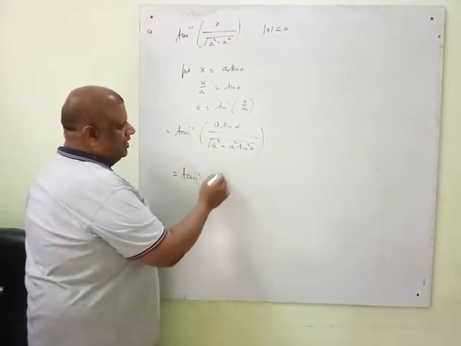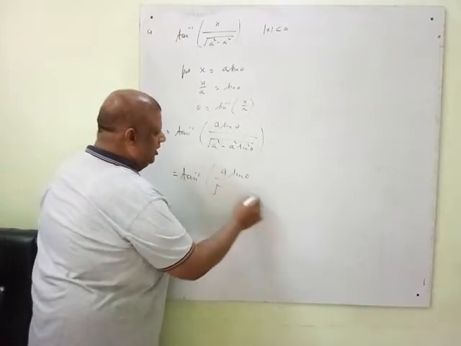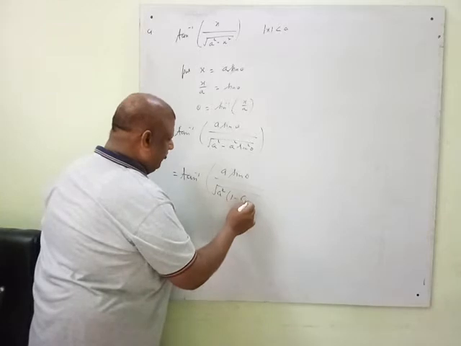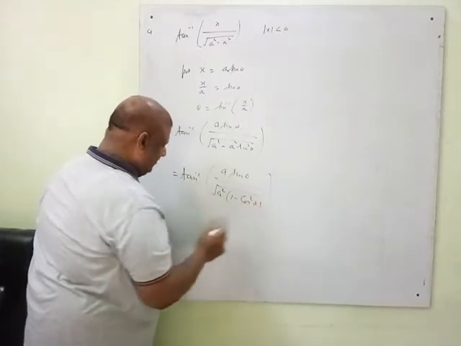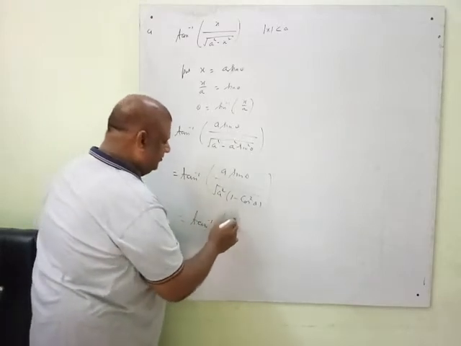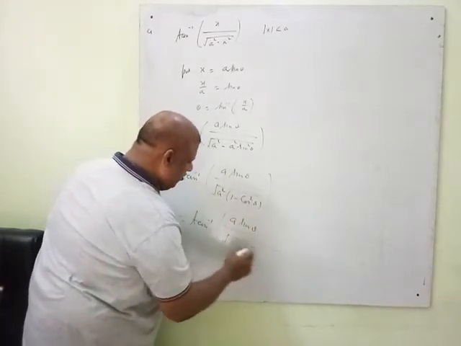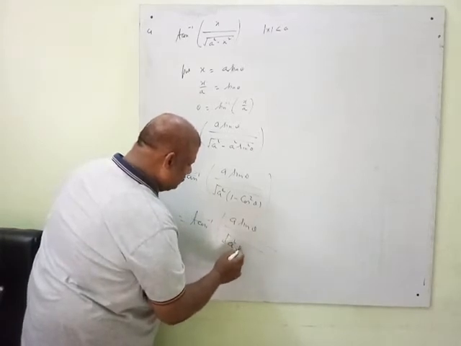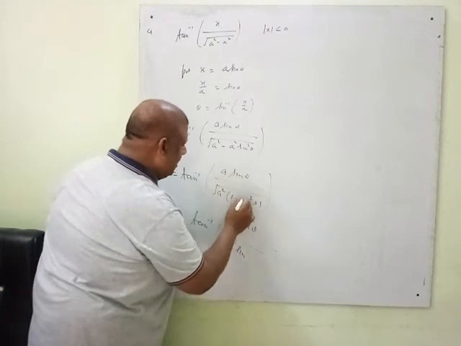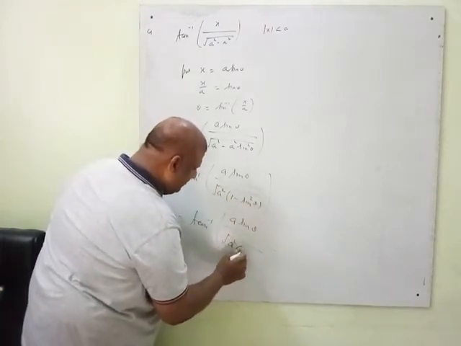Further, tan inverse a sin theta under root of a square, sorry, it is sin square theta, it is a square cos square theta.